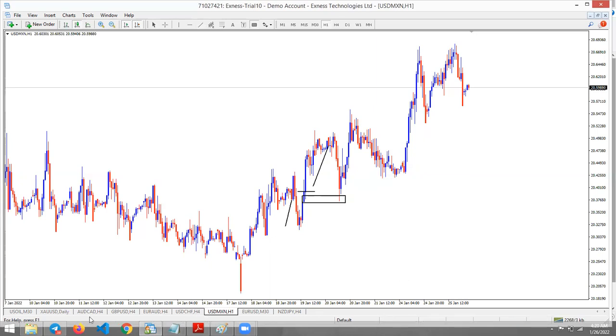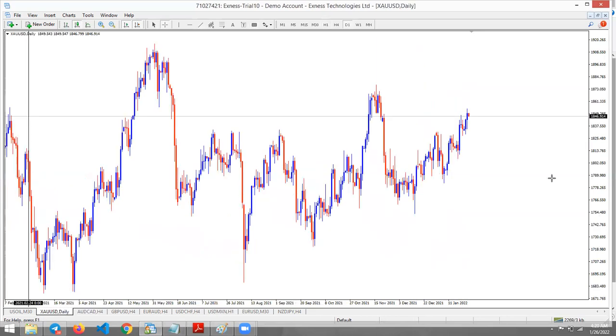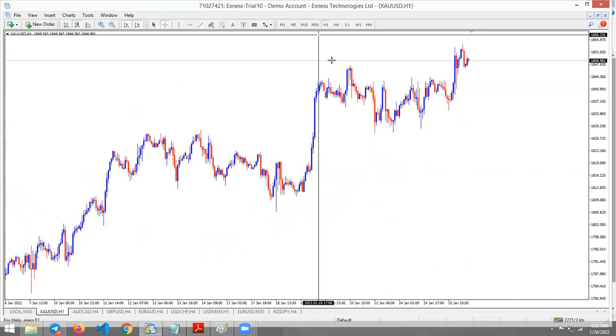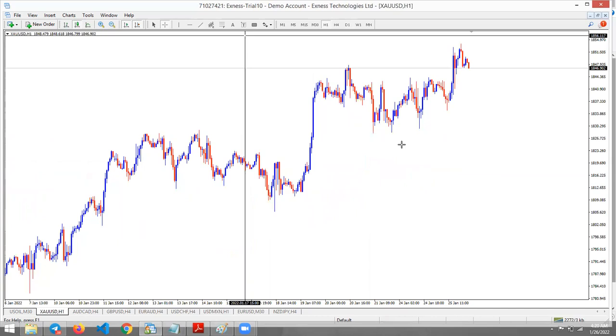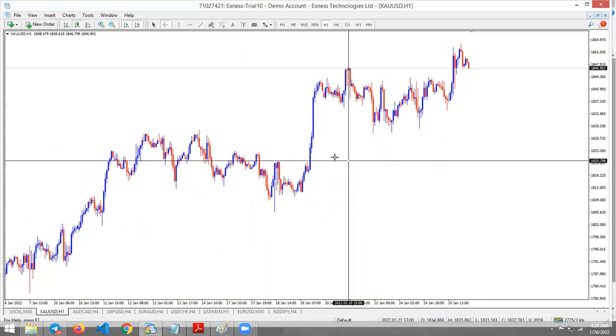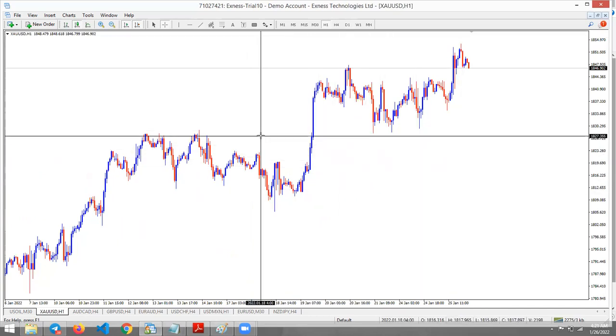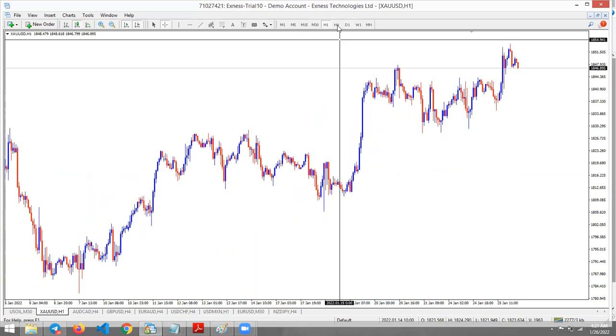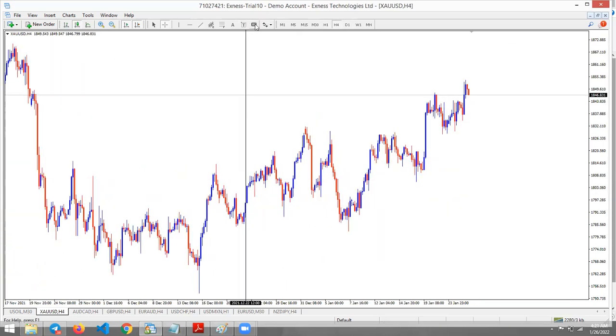I think we had an example on gold. Let me see gold H1. Let me go to H4. Yeah, so here you can see we had a base there.